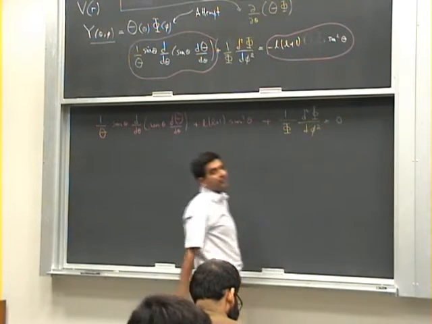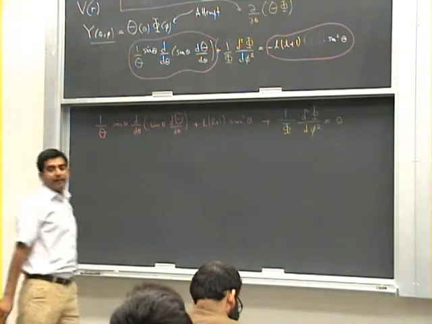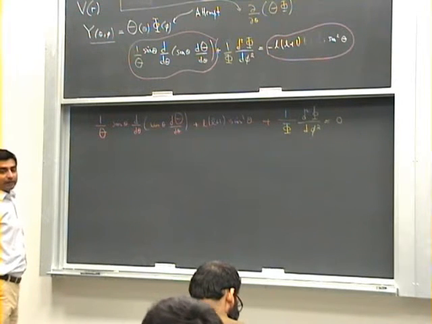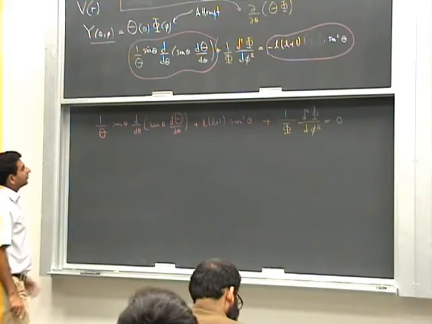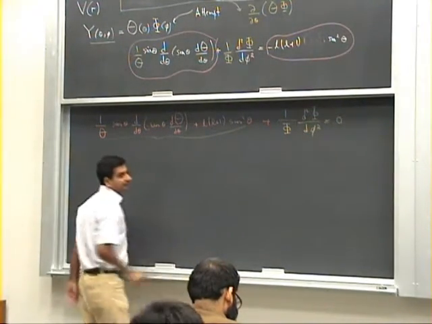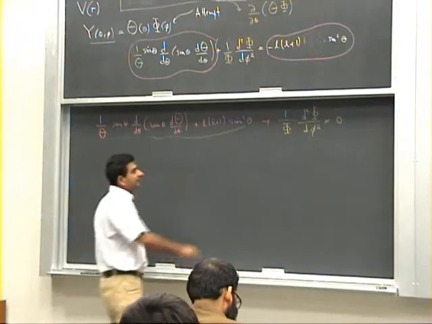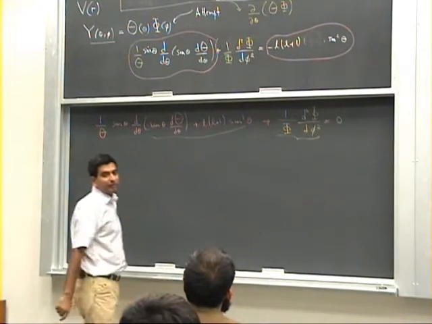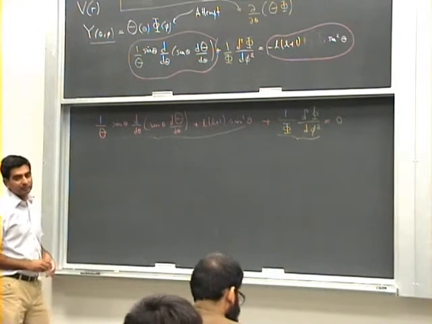So this is the angular part of the Schrodinger equation in the position representation, for a central potential. Now there are two kinds of terms here. One is a term that only depends upon theta. This is theta dependent. Whereas this term is phi dependent. And both of them together are identically 0. So each one of these must be equal to a constant.